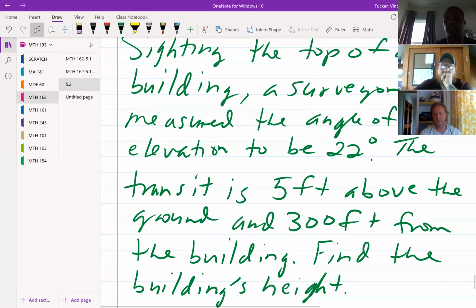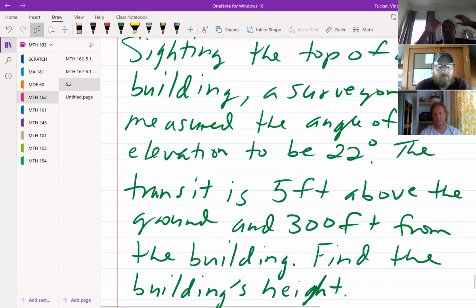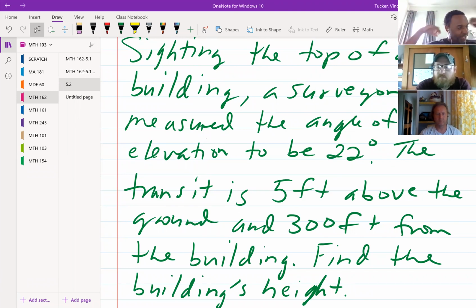All right, give you guys a chance to write this down before I scroll up. They actually give you a diagram. I remember back in my day, they didn't give us diagrams. We had to figure it out. So at least they're looking out for you guys a little bit.